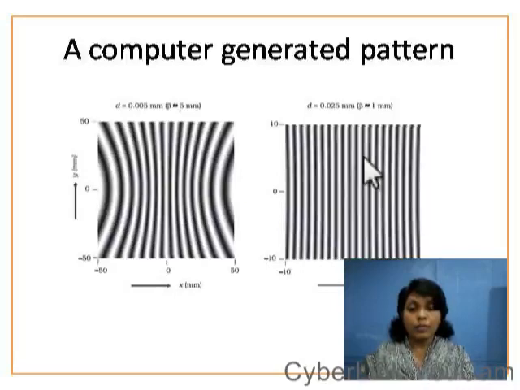Now, these fringes are formed according to the conditions for constructive and destructive interference. We will derive the conditions for a point on the screen to be a bright or dark fringe point.